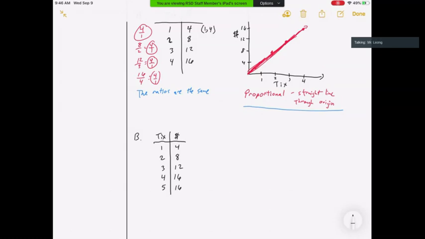Okay, so now let's graph this one. Okay, let's graph this scenario here. Same thing.